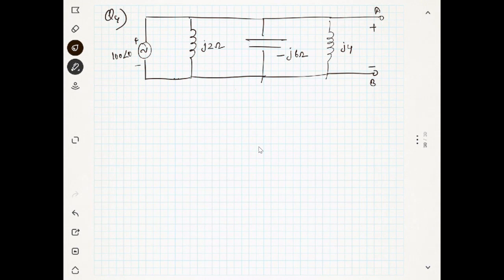You have to find the VThevenin and the RThevenin. Okay, here you can see we have reactance, so we will represent it as Zthevenin for this circuit. What is this VThevenin? It is between the points A and B. So what is the procedure for finding it?